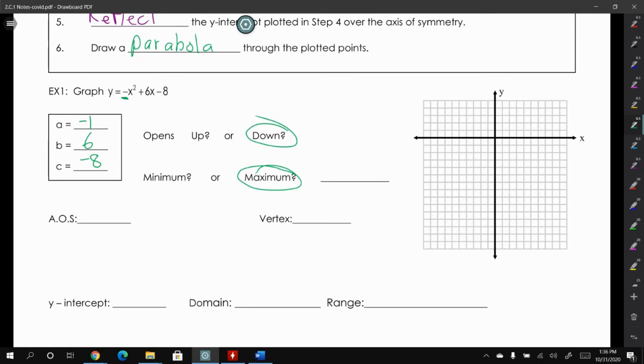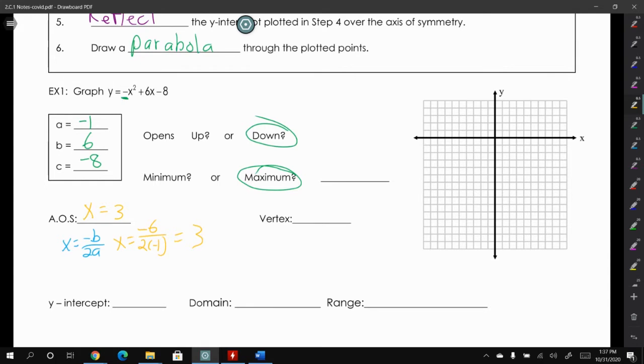Well, axis of symmetry is x equals negative b over 2a. So x equals negative 6 over 2 times a, so 2 times negative 1, and that equals positive 3. So our axis of symmetry is x equals positive 3.